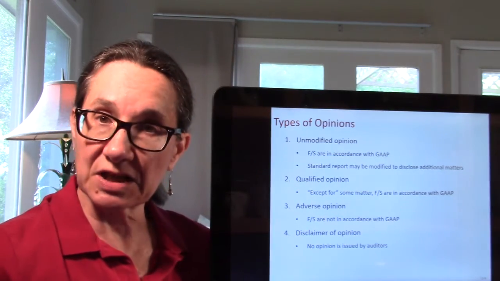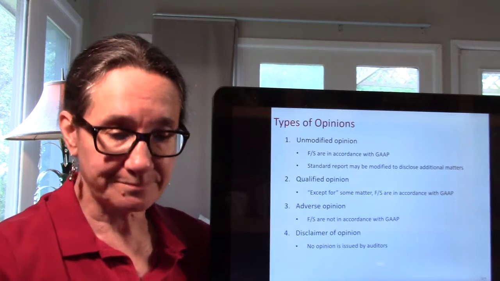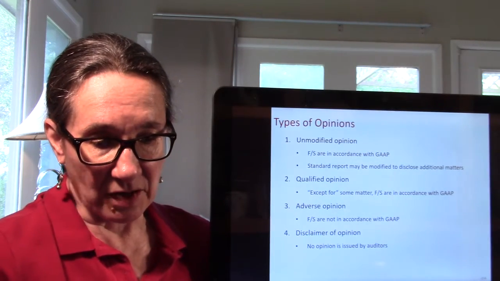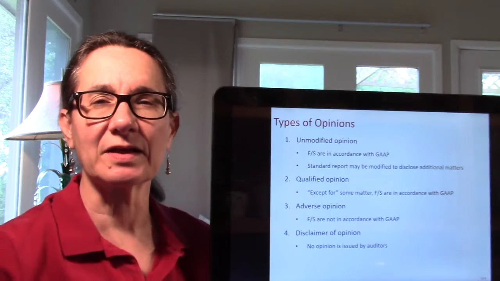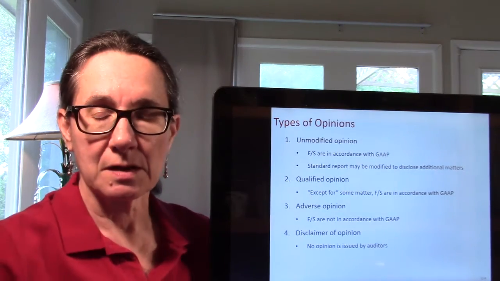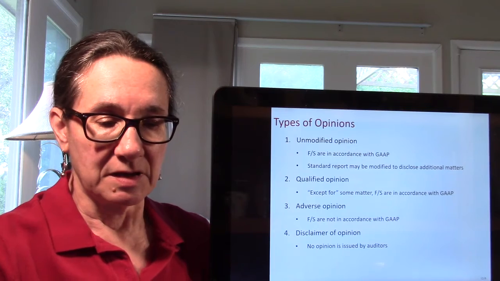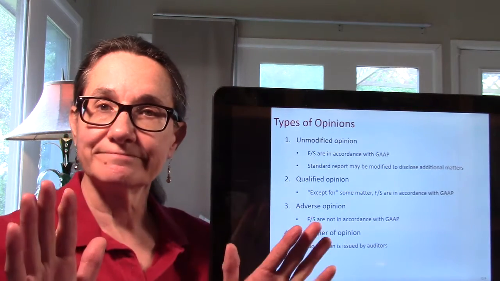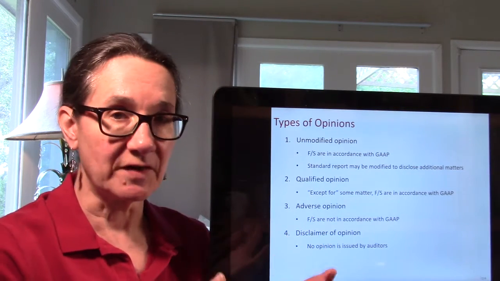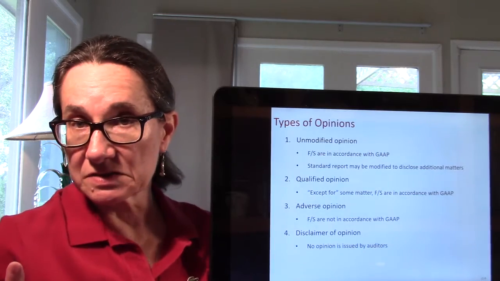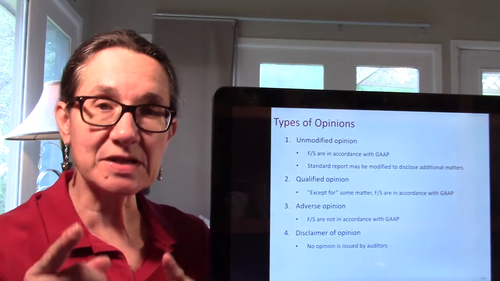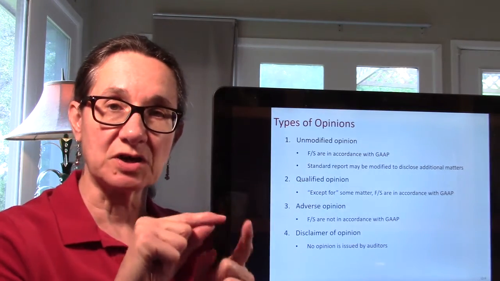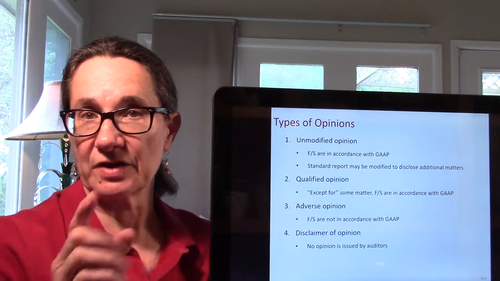There's also a disclaimer. Once in a while, as an auditor, you'll do an audit, or more likely you get partway along an audit, and you just have no opinion. You're not saying they're fairly presented. You're not saying there's a material misstatement. You're saying nothing. Typically that happens when an auditor starts an audit and then finds out they're not independent.